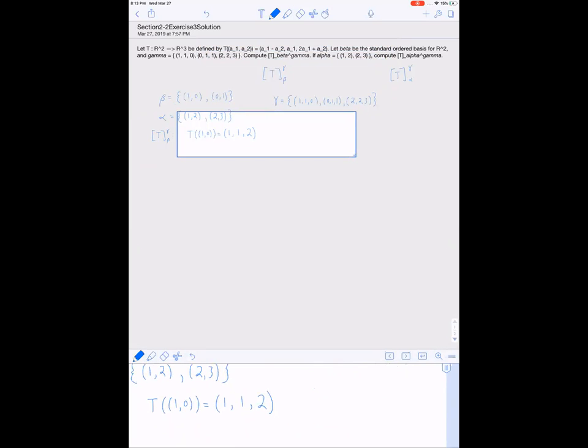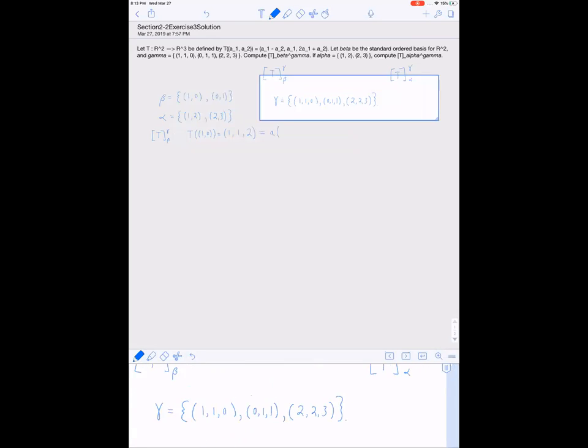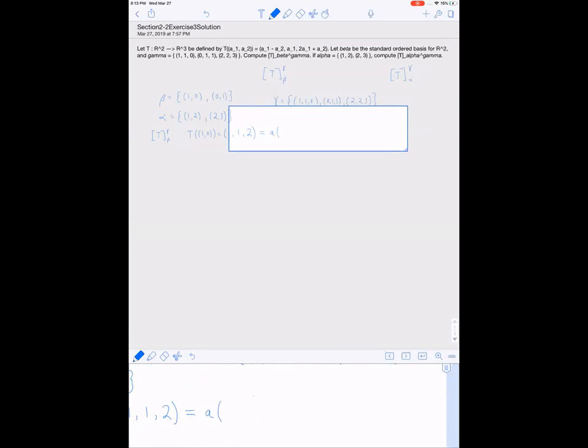And now the point is that we want to write this vector in terms of the basis gamma. So we want it as a linear combination of the vectors (1, 1, 0), (0, 1, 1), and (2, 2, 3).